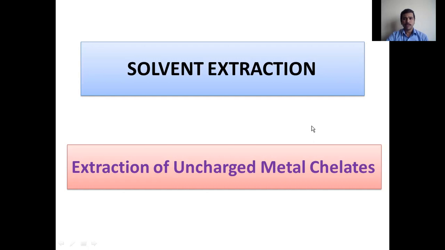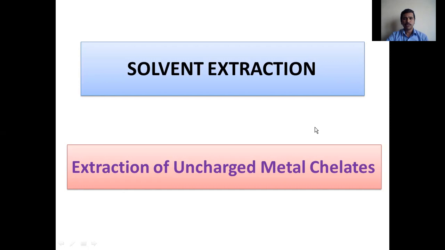That means the analyte must be made less hydrophilic and more hydrophobic. If the species are charged, the hydrophilic property of the analyte will be greater, and hence the extractivity into the organic phase will become lower. It is highly impossible. Therefore, charge neutrality is very important.